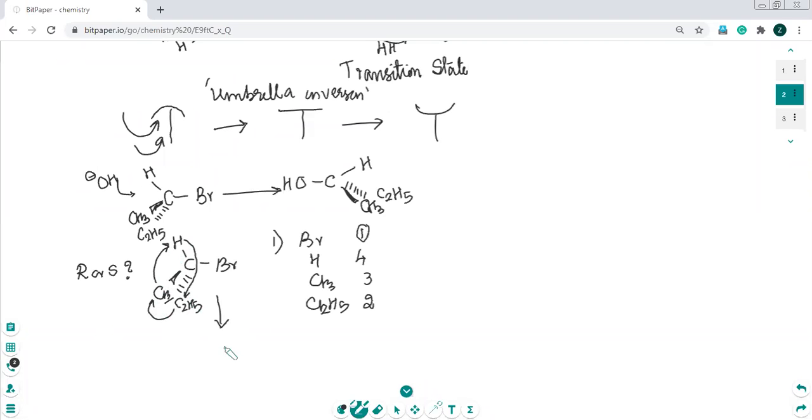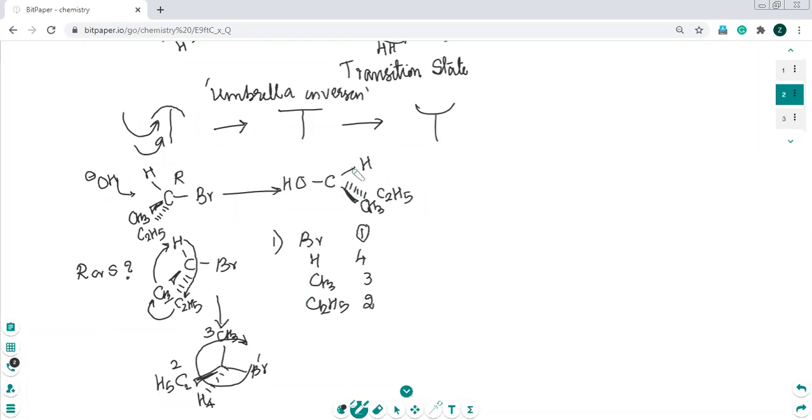I'll have my CH3 here, C2H5 here, and hydrogen on the backside, and my Br over here. Now assign the priority 1, 2, and 3, and this is 4. From 1 to 2 to 3, it is clockwise, and therefore this is R configuration.